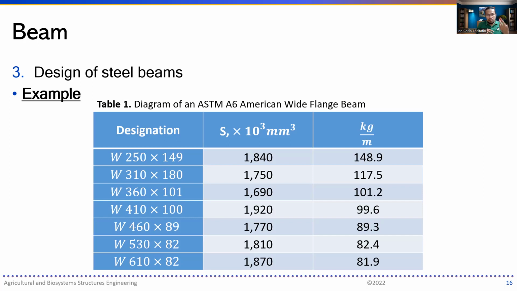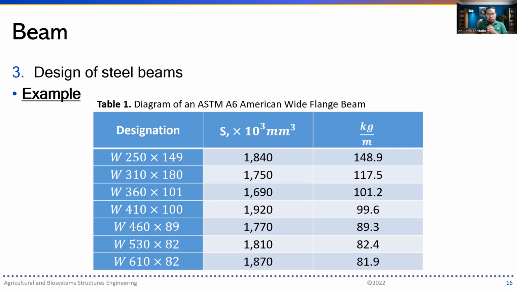They have already been computed as to the properties of the material and also the dimensional integrity. So the table provides the designation for your commercially available wide flange beam.